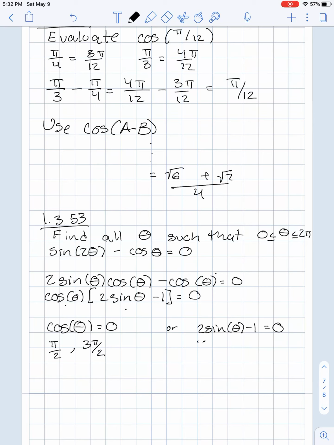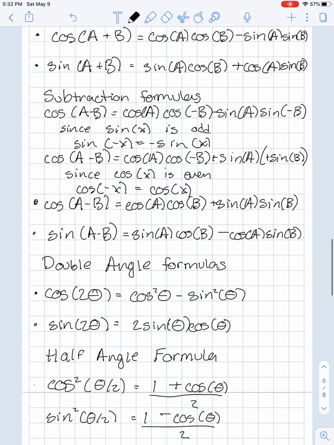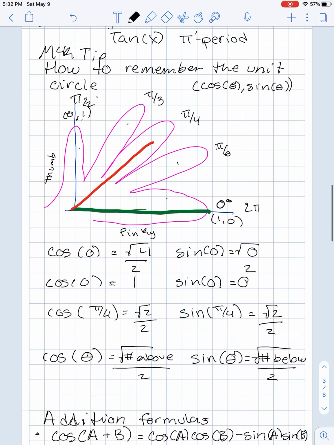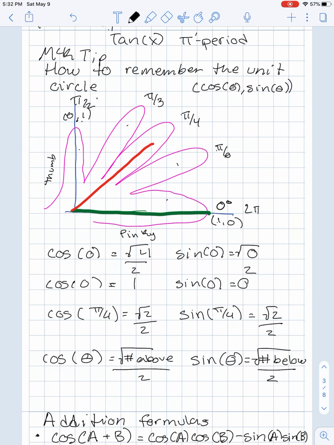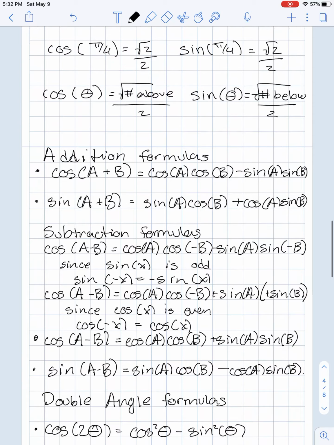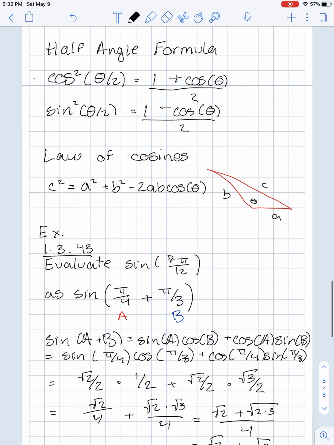So then we have 2 sine theta minus 1, or 2 sine of theta equal to 1. So sine theta equal to 1/2. When does sine theta equal 1/2? Let's go look at our hand. It's at every pi over 6. And it's positive 1/2.